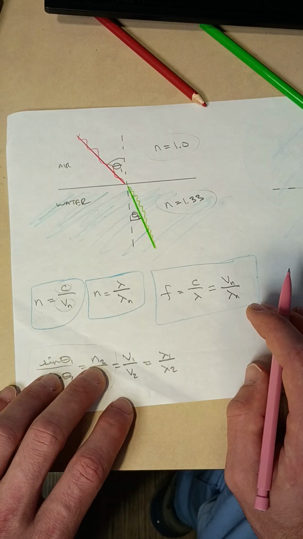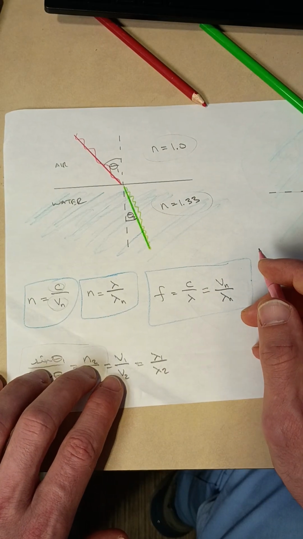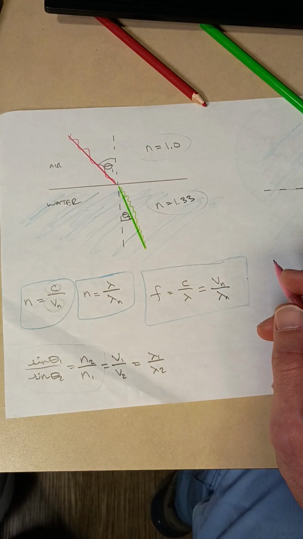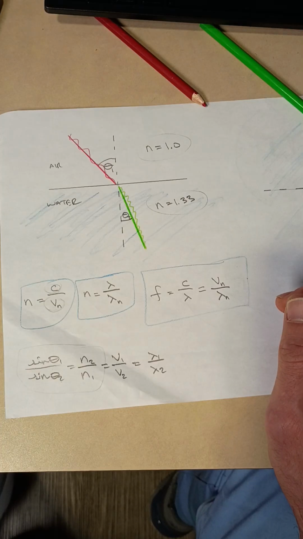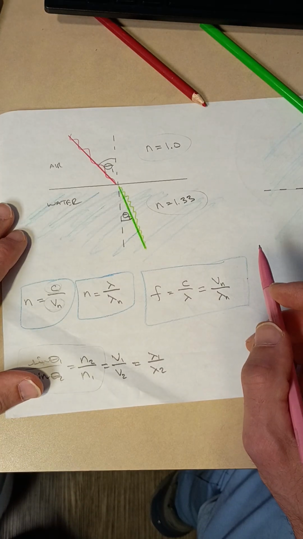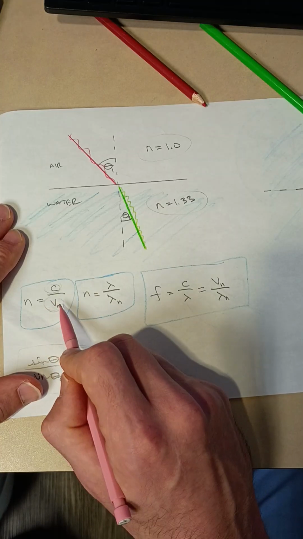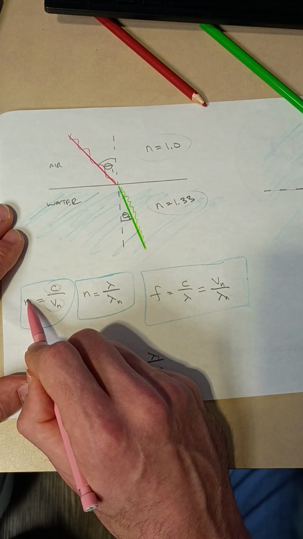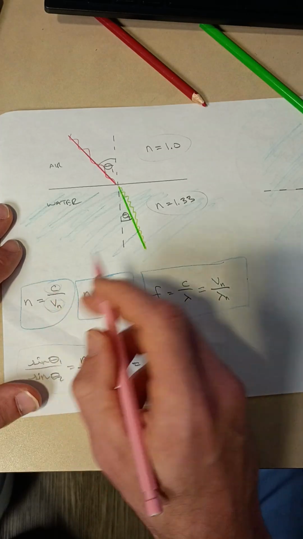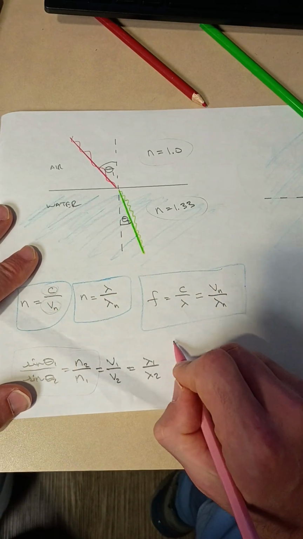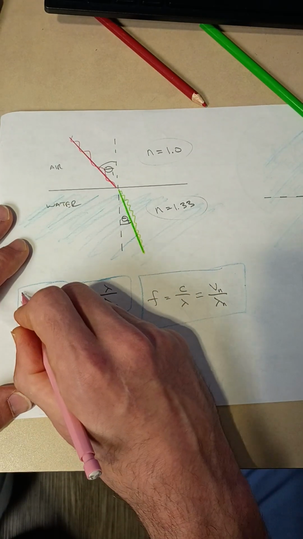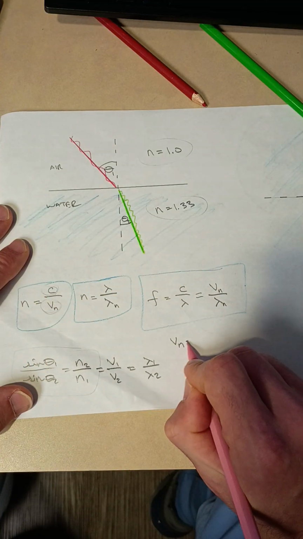Now, one more thing you need to know for this chapter is Vn, right? Multiply both sides by Vn and then divide both sides by n. To just rearrange this formula, you got Vn, bring it over here, and then bring n down here.